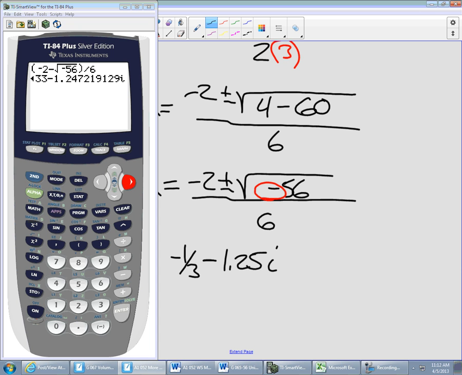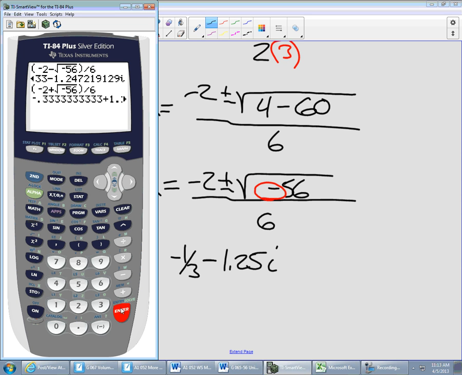We've got negative 2 minus the square root of negative 56 divided by 6. Now we also need negative 2 plus the square root of negative 56 divided by 6. So I'm going to go second entry, which will pull up the equation I just typed a moment ago, and scroll back and change that subtraction sign to a plus sign. If you want to type it all over again, go right ahead.